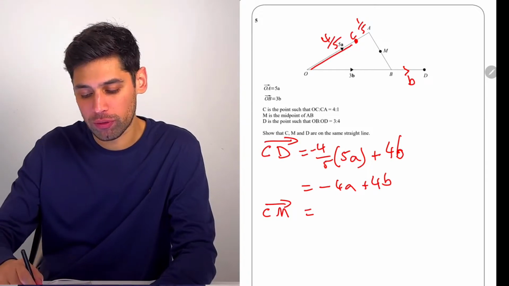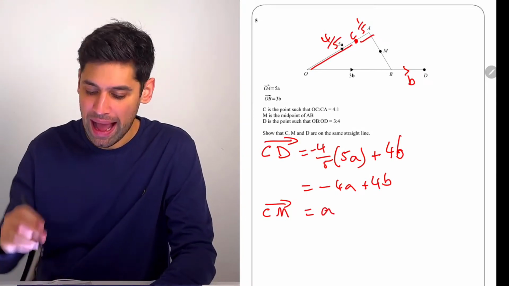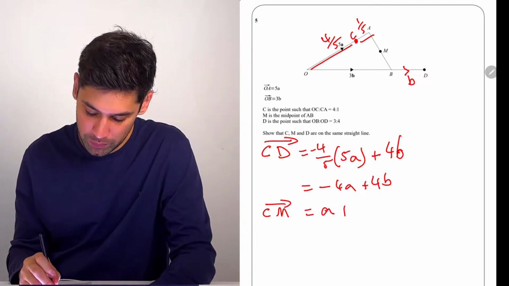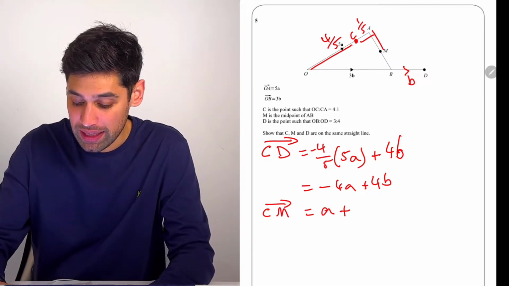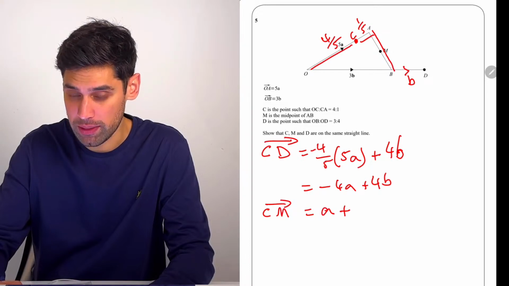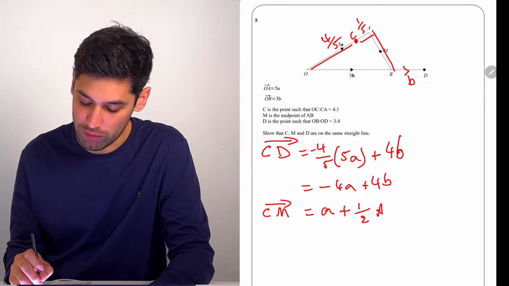Now let's do CM. So CM will go up to CA, which is going to be 1A. And then down to AM. And remember, AM here is half of AB. So instead of adding AM, we're going to add half of AB.